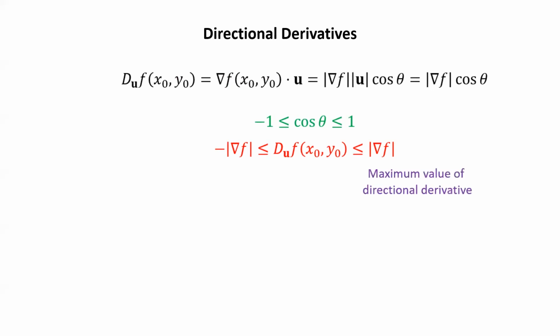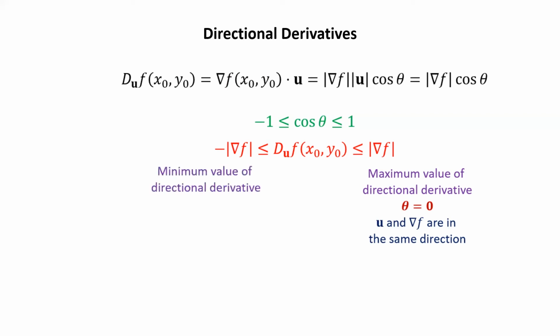What this shows us is that the length of the gradient of f is the maximum value of a directional derivative, and it occurs when theta is equal to 0. In this case, the unit vector u and the gradient of f are in the same direction.